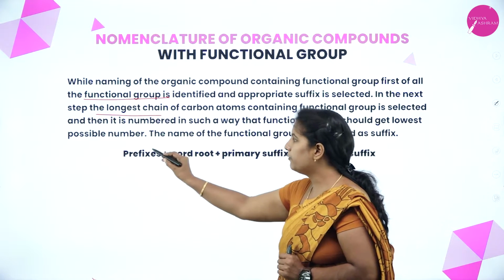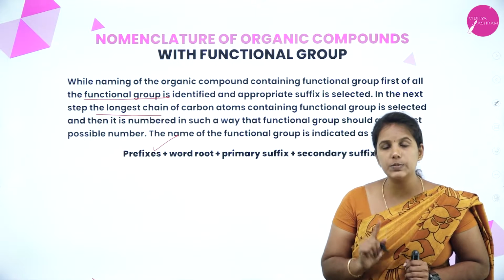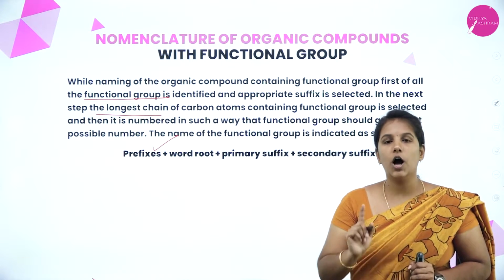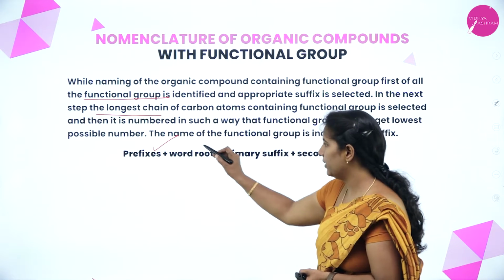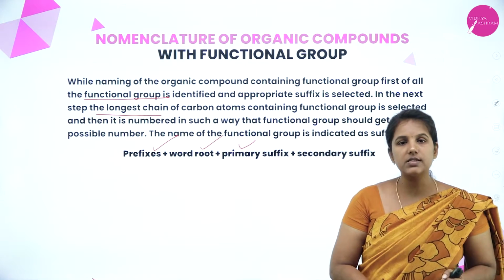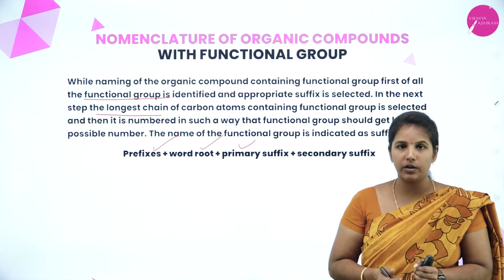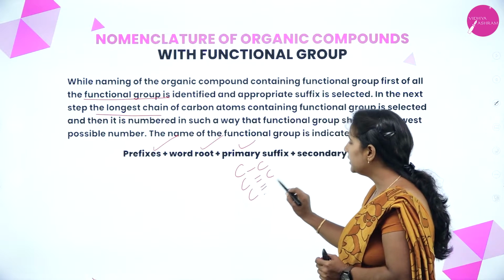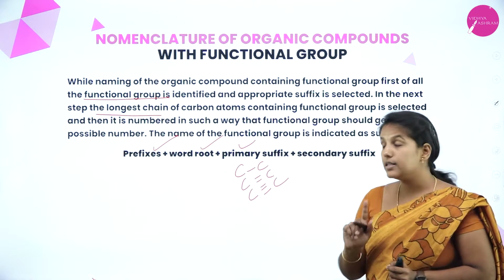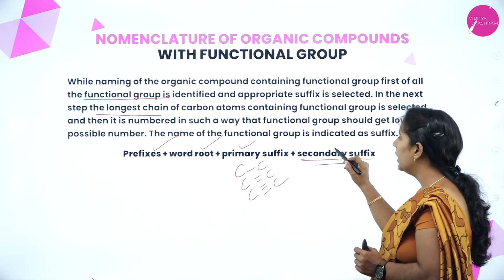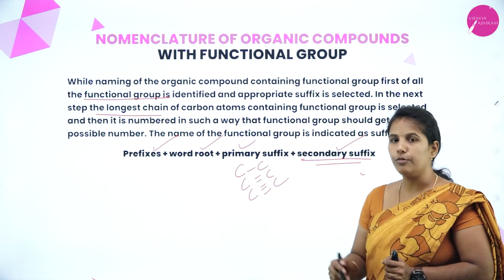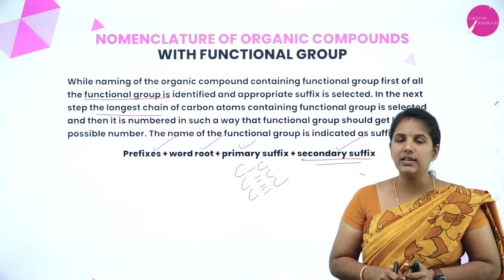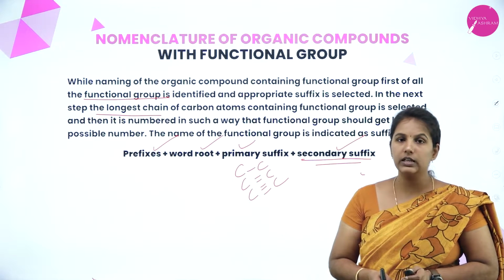Prefixes are nothing but substituent groups which have been attached to the carbon chain, and the root word talks about how many carbon atoms will be there in the given chain, and primary suffix gives an idea about the nature of the carbon, whether a single bond, a double bond or a triple bond is there. Whereas the secondary suffix, which we use today, gives an idea about the functional group, and we must know what suffix we need to add for the functional group. Then we have to go through with the nomenclature.